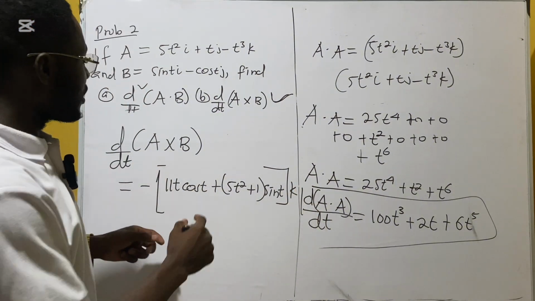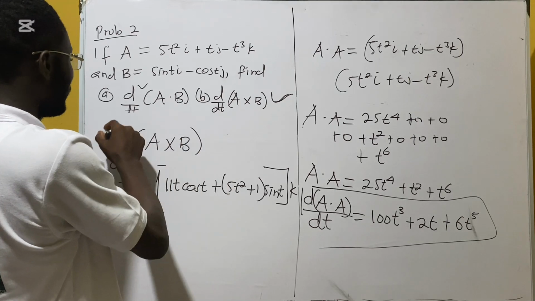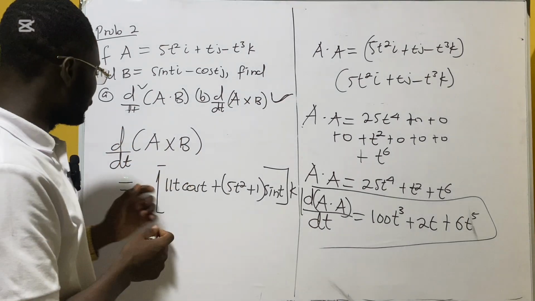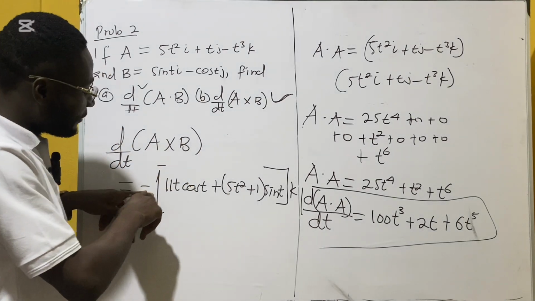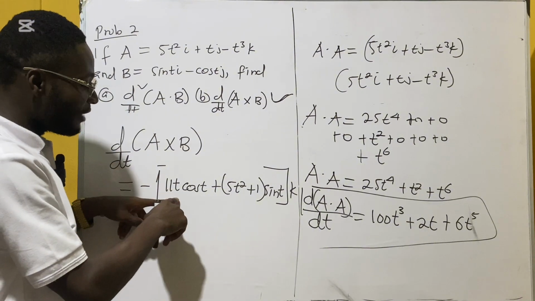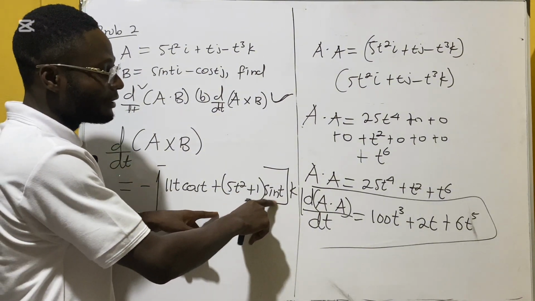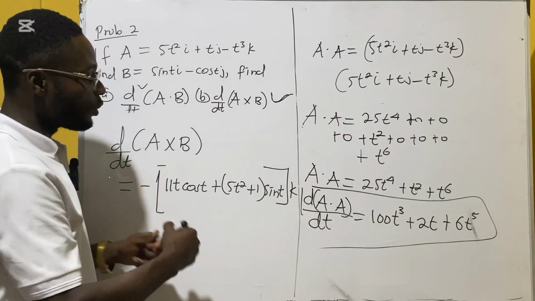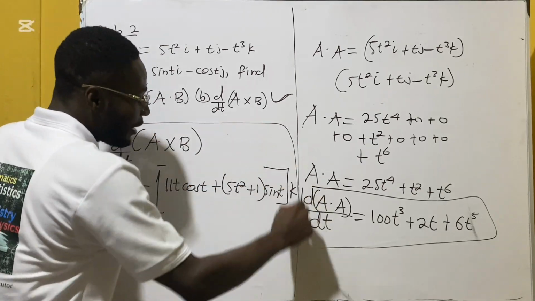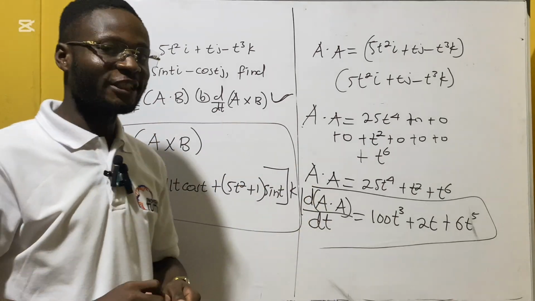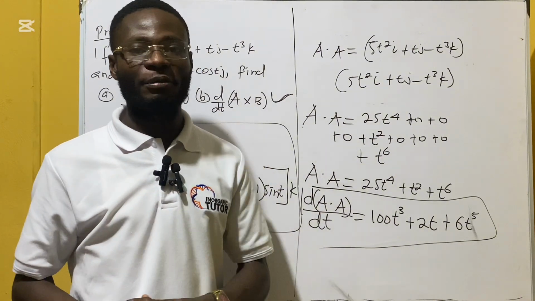Okay, so that is the solution for the differential of a cross b with respect to t: negative, into big bracket, 11t cos t plus 5t squared plus 1 sine t, or k. So try it out. When you get it, reach back to me and I'll give you a bonus.